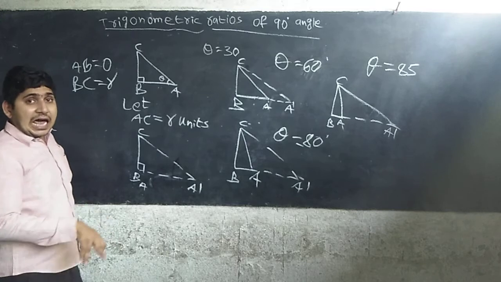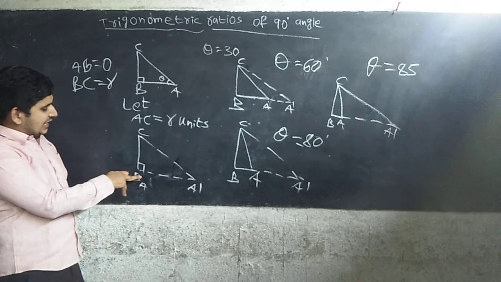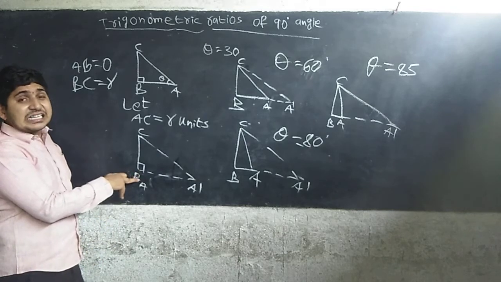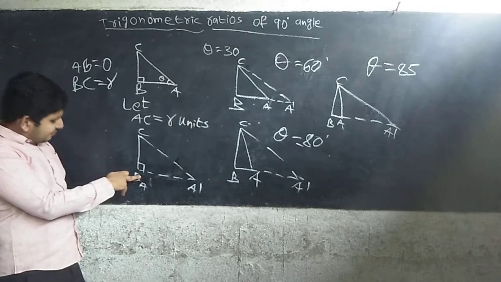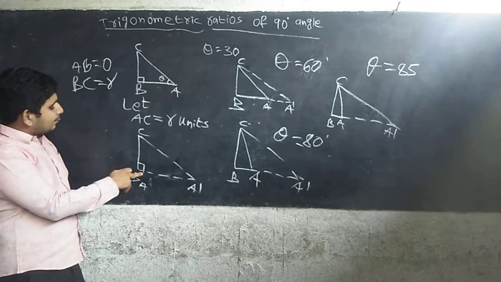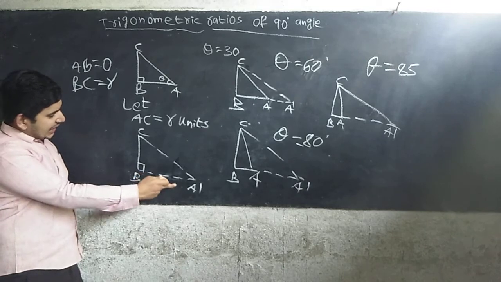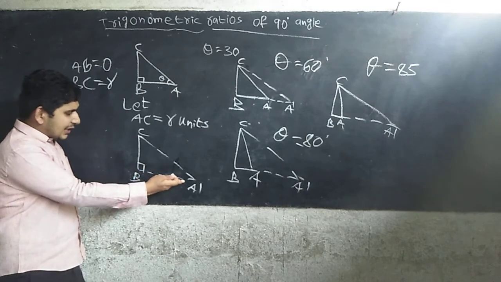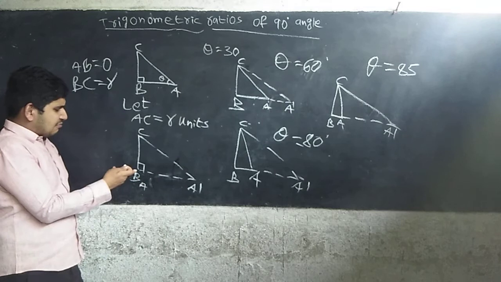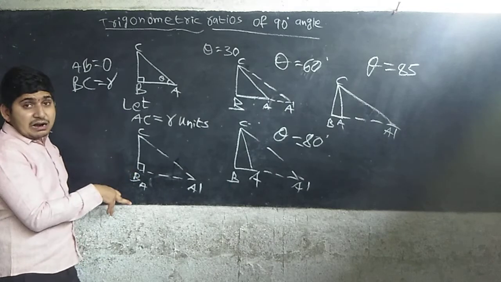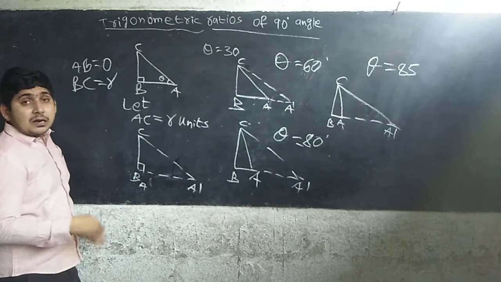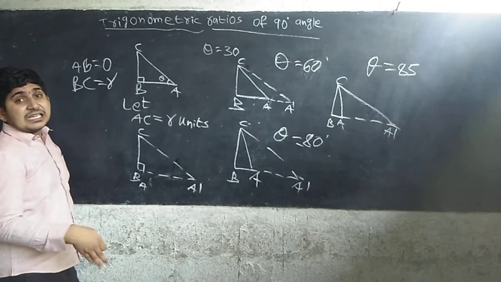Why? As angle A equal to theta equal to 90 degrees, the point A came near to the point B, and the two points coincided with each other.